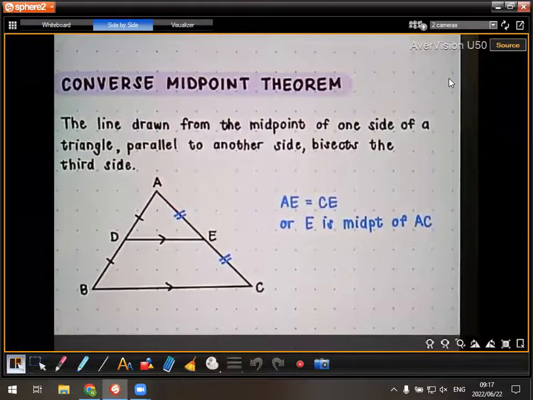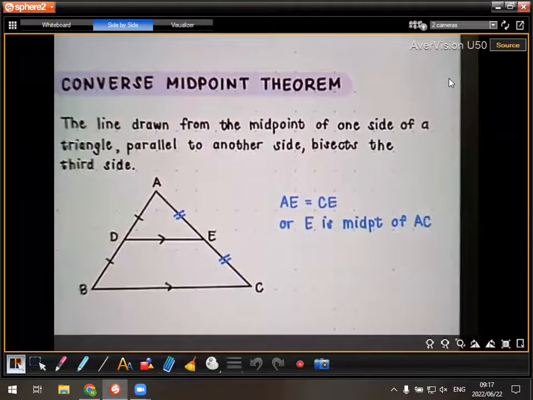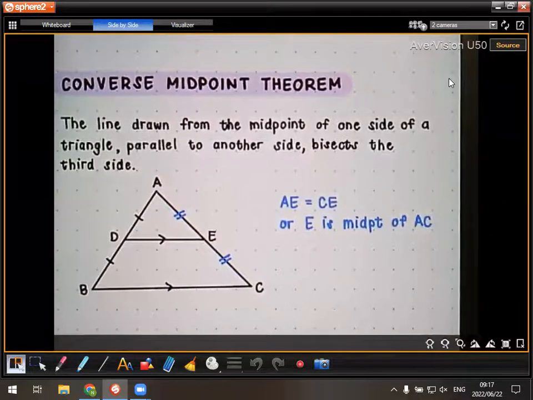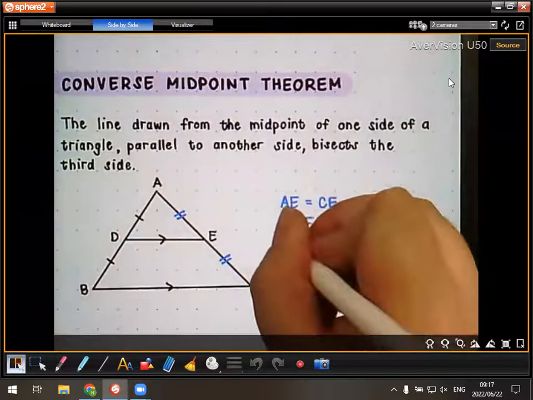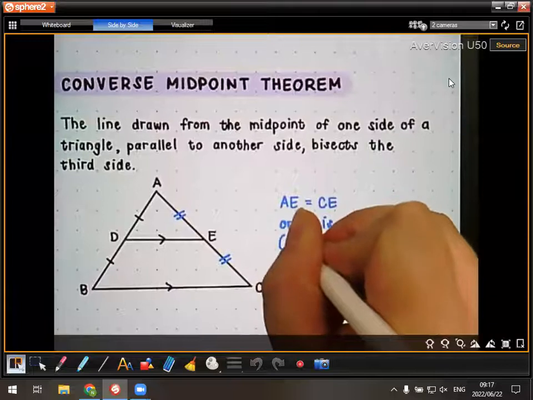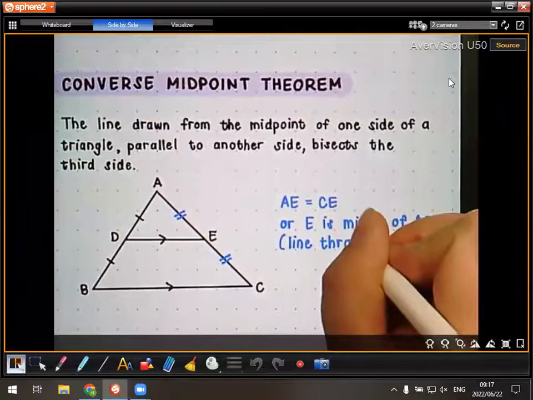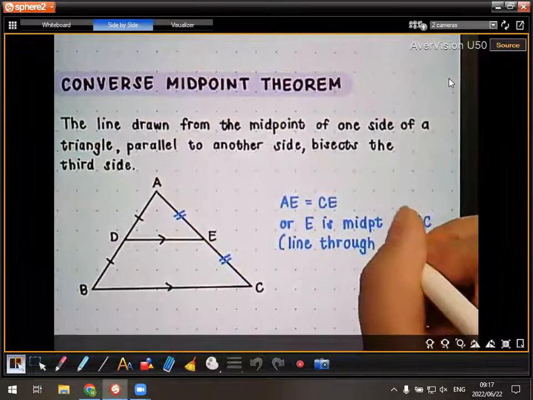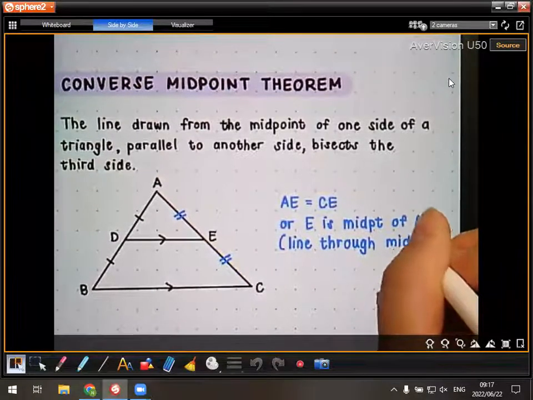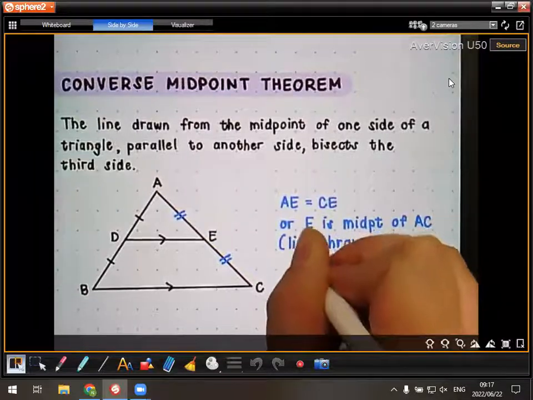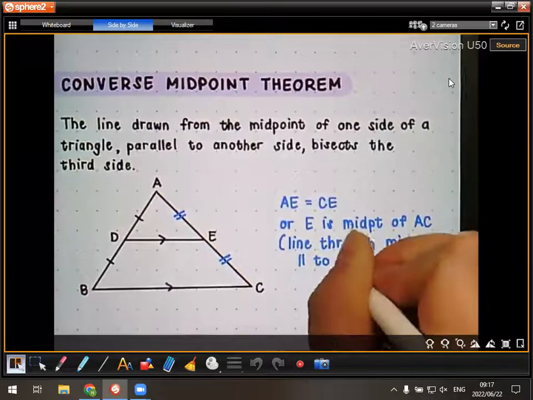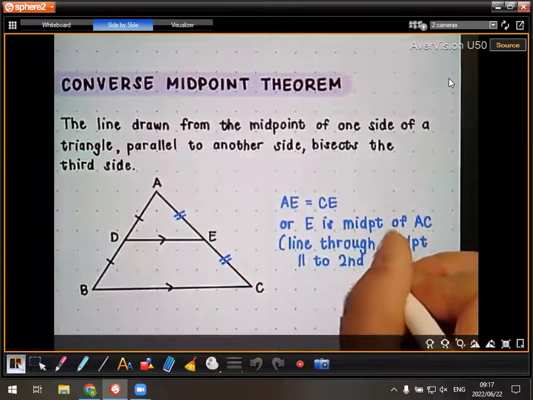That's the conclusion that we can come to given the information that they've given us here. Guys, this reason is much more complicated, unfortunately, than just converse midpoint theorem. We're not allowed to write that down. We have to say line through midpoint parallel to second side.